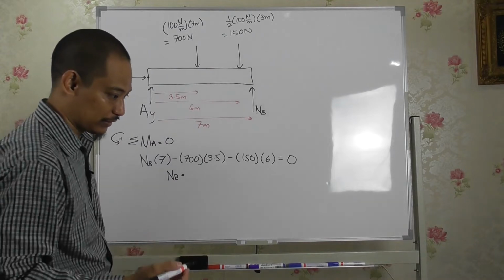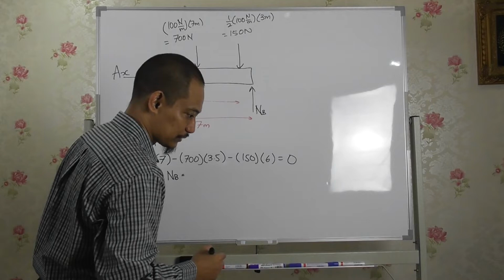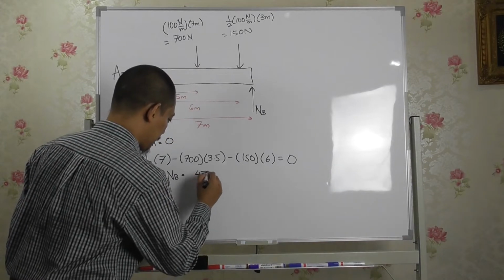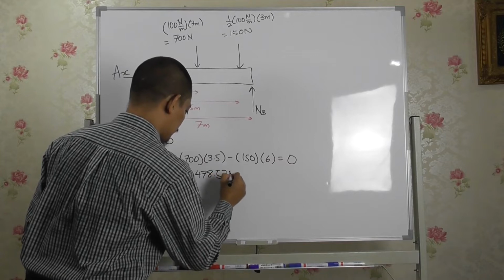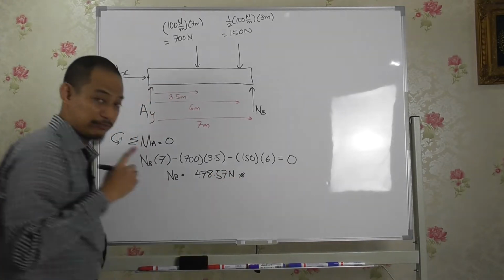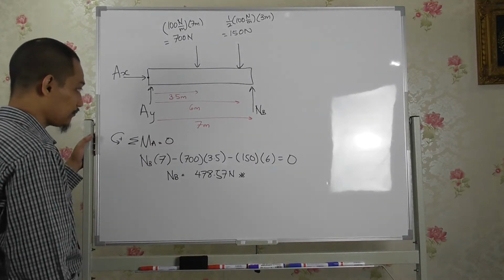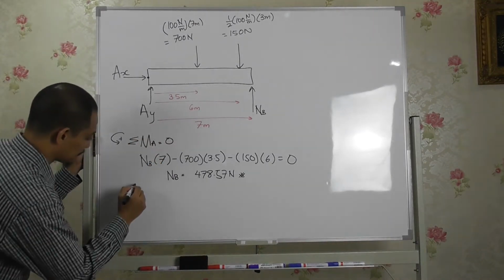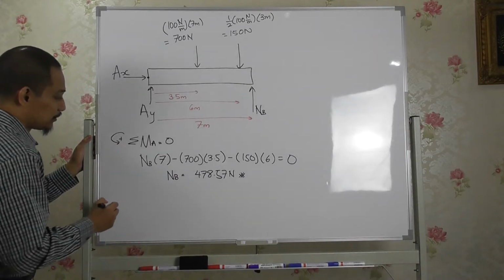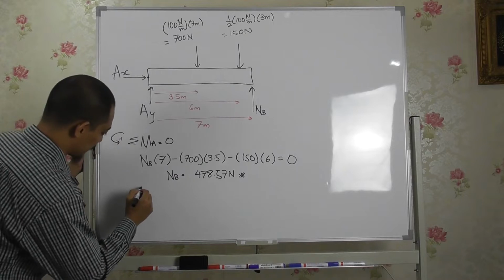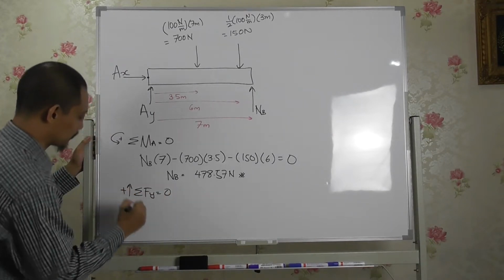So if you calculate this one, you should get 478.57 Newton, right? Do verify the number. All right, so after you get that one, then you can do summation of Fy equal to 0, if you take upwards as positive.